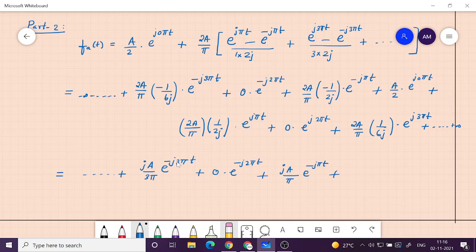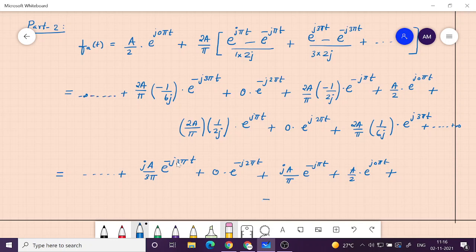plus this is a by 2 e raised to j0 pi t plus, then 2 cancel.